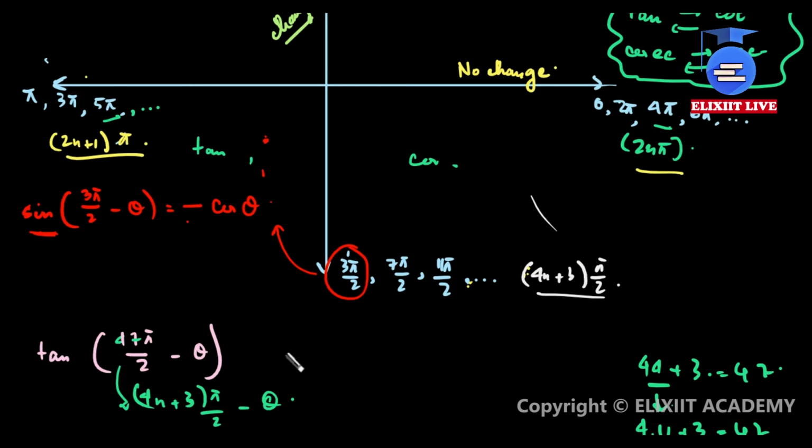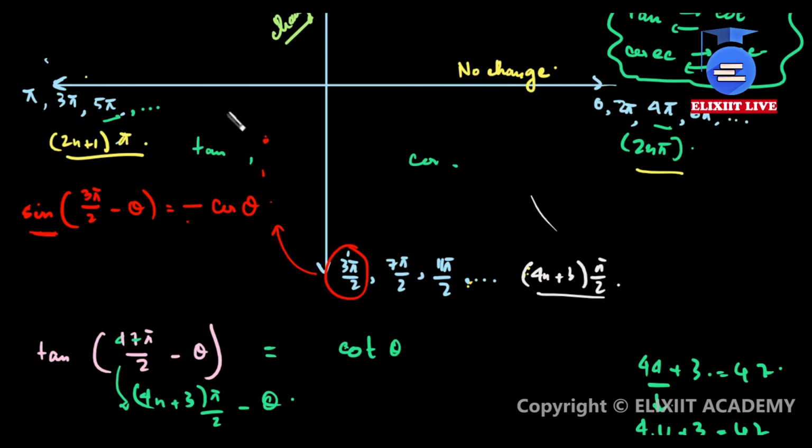First of all, tan is there, and odd multiples of pi by 2 minus theta mean a change will be there. Tan will become cot theta.